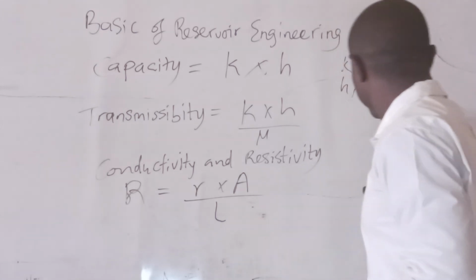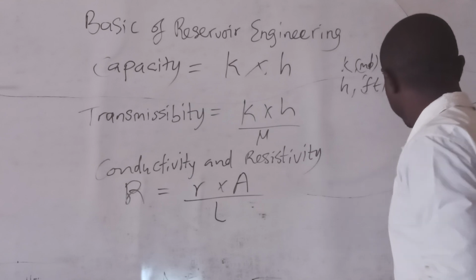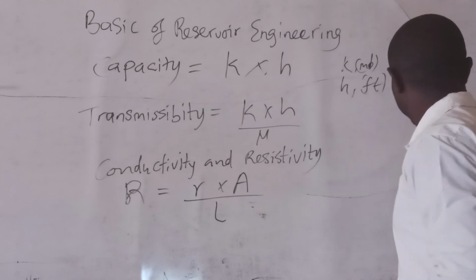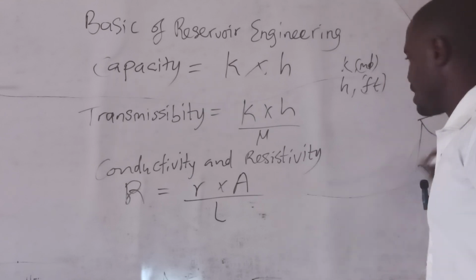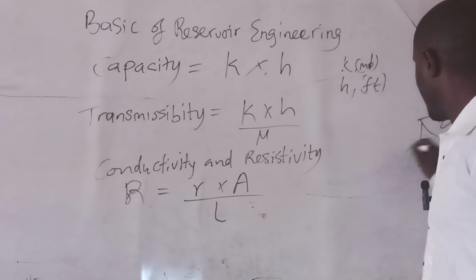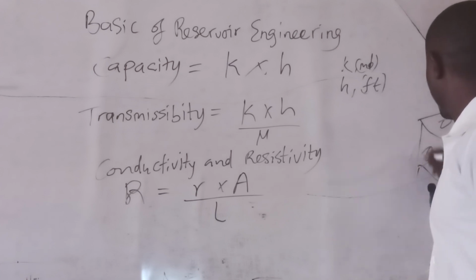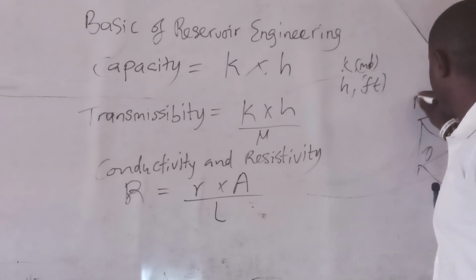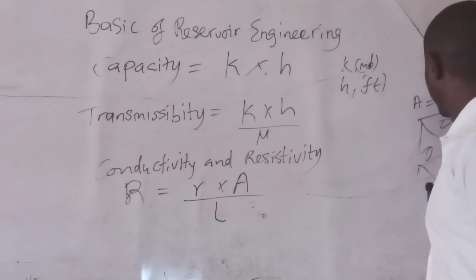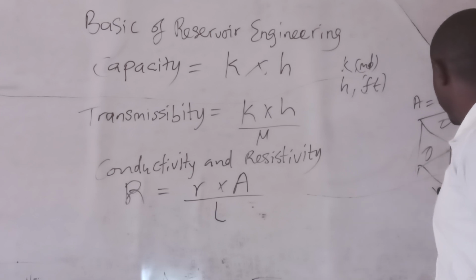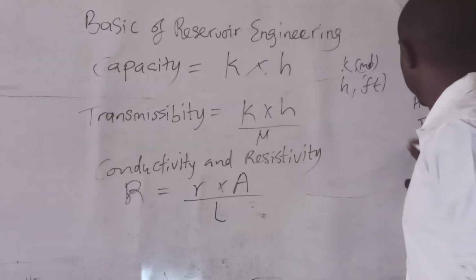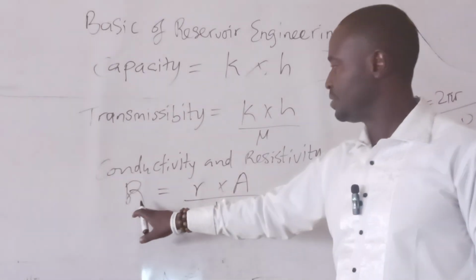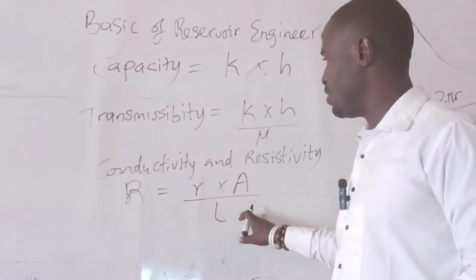So if this is our rock, we are saying the resistance r of the rock times the entire surface area of this rock, 2 pi r, over our length from this point to this point, the length of the rock. So our big R resistivity is this value.